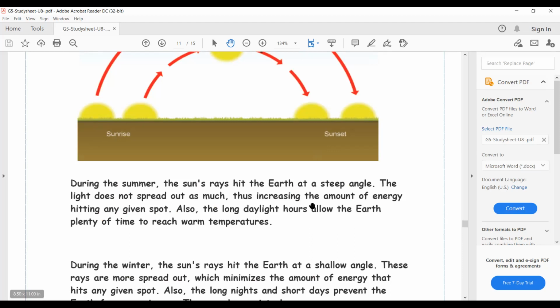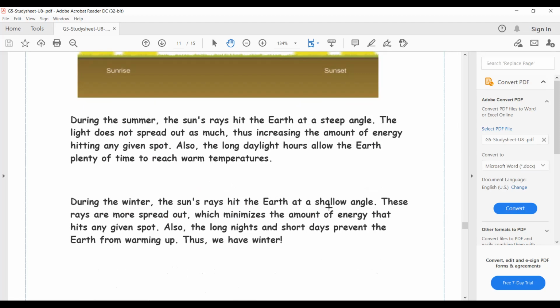During the winter, the sun's rays hit the Earth at a shallow angle. Here, steep angle; here, shallow angle. These rays are more spread out, which minimizes the amount of energy that hits any given spot. Also, the long nights and short days prevent the earth from warming up, thus we have winter.